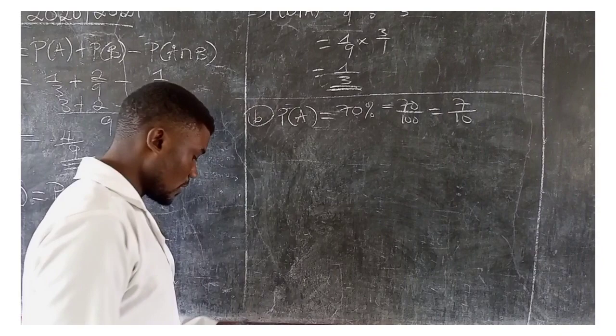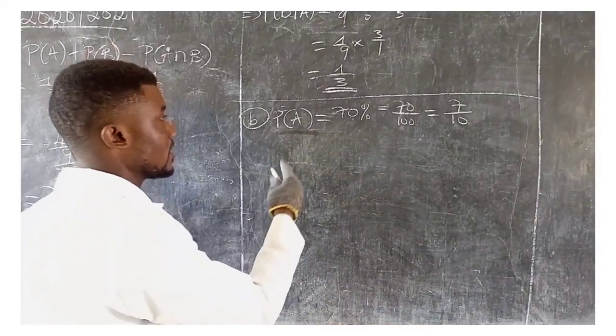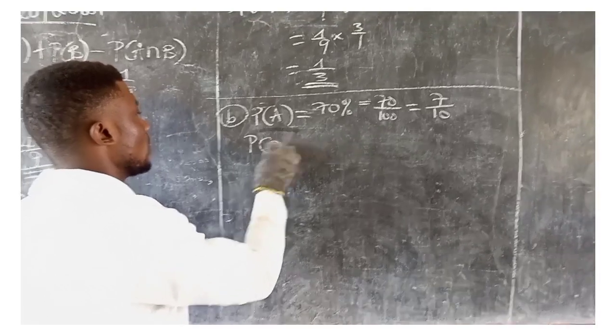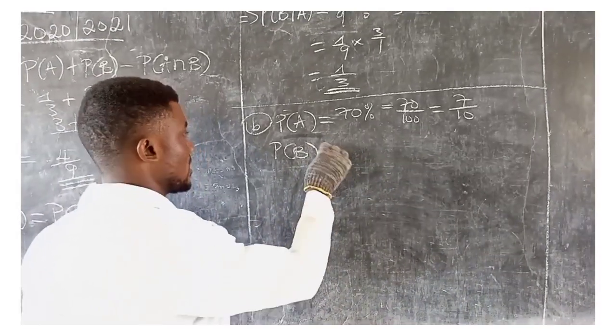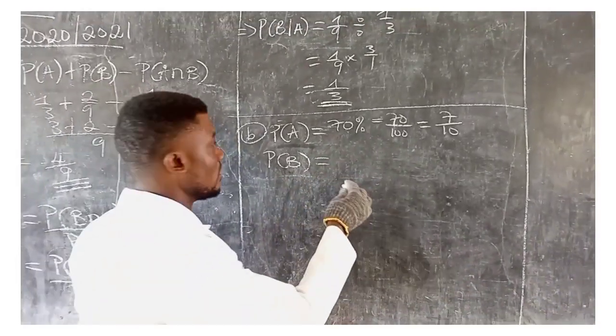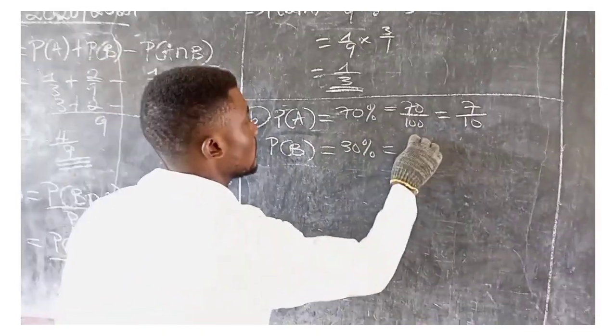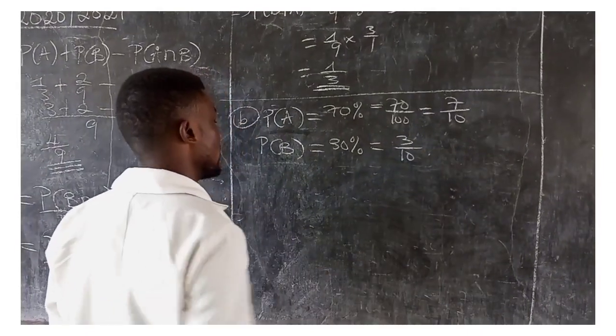And since we know that 70% was of type A, it means that 30% was of type B automatically. So the probability of type B is 30%, which also is 3 on 10.